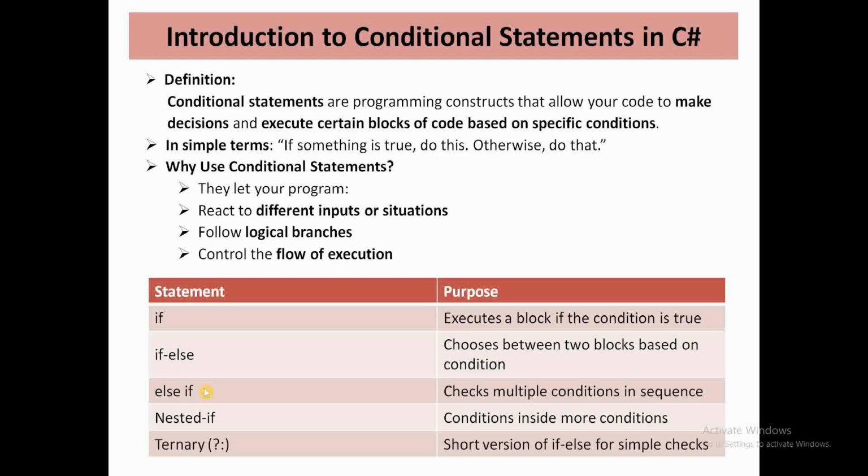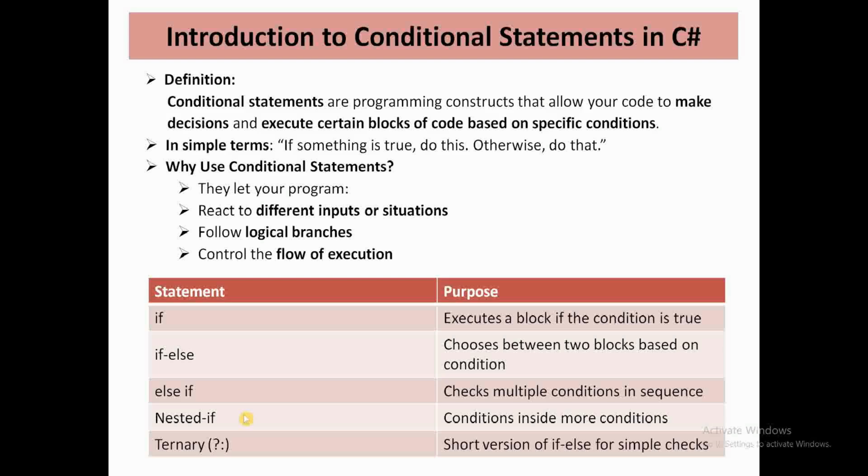Third one, we have else if statements. Suppose we have more than two possibilities or conditions we want to write in our if else statement. So we can use else if statements, where we can provide more conditions with more programs. Next one, we have nested if.